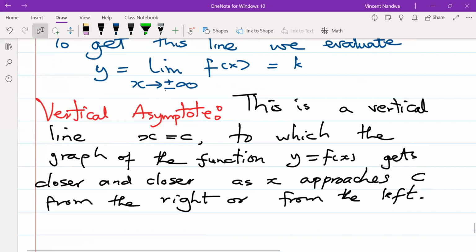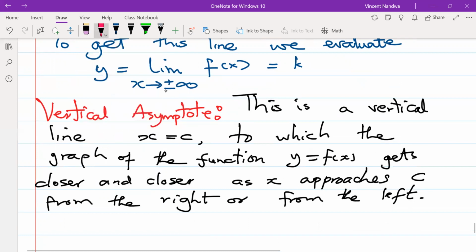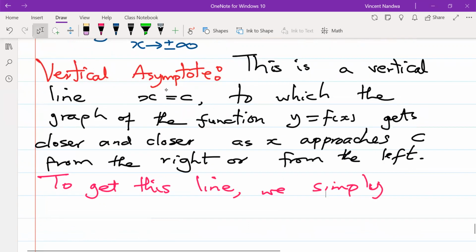Now to get this line, we simply equate the denominator to 0 and then solve.